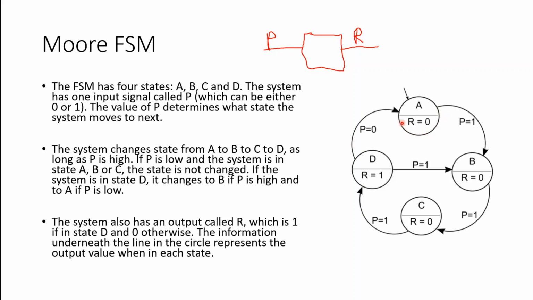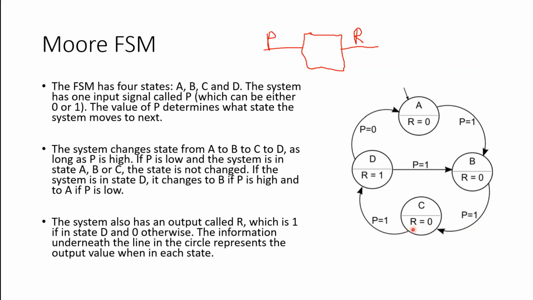In state A, my output is 0. When P is equal to 1, I'm going to transition to state B. In state B, my output is still 0. When I'm in state B, if P is equal to 1, that triggers a transition to state C. Of course, in state C, my output R is equal to 0 again.